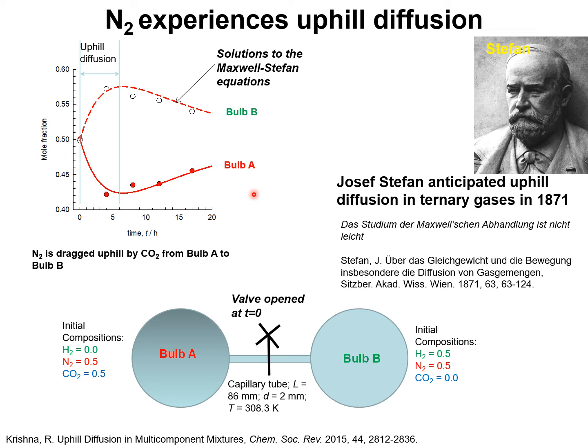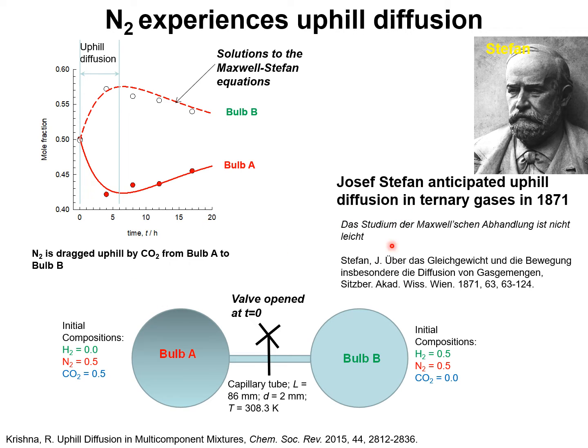at very long times. The continuous red lines and the dashed red lines represent the solutions to the Maxwell-Stefan equation using the data on the Maxwell-Stefan diffusivities determined from the kinetic gas theory.